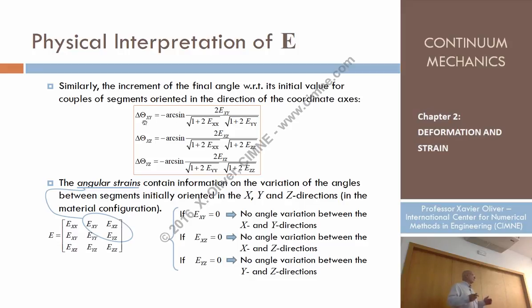So if they are orthogonal at the reference configuration, how are they at the present configuration? Orthogonal. So they don't change. The point to keep in mind is that if these strains are 0, the angle keeps the same, so orthogonal.